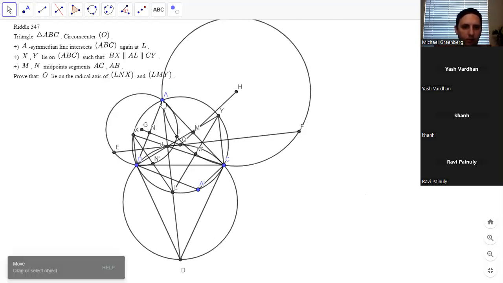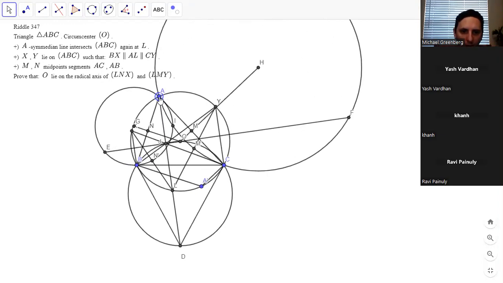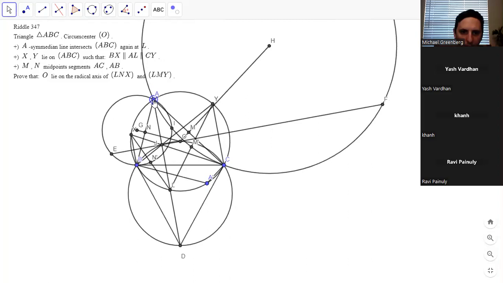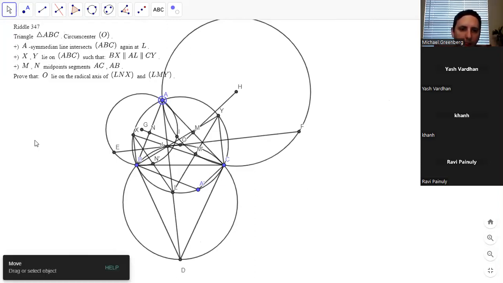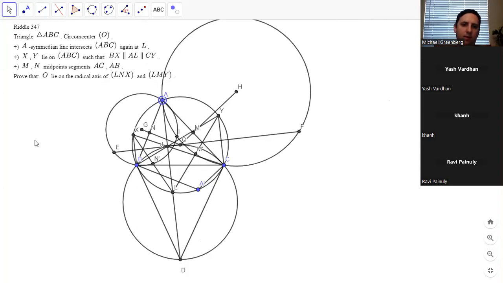Let's see. I don't think they intersect anywhere special though, these two circles. So n prime m prime is parallel to xy. I don't know if that helps.